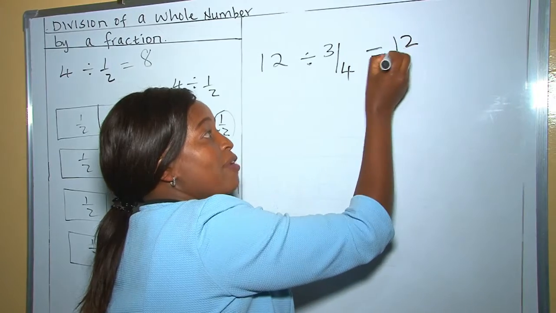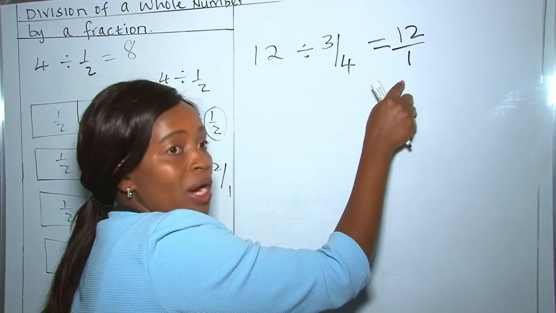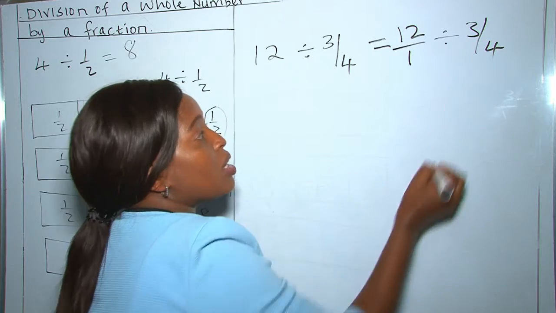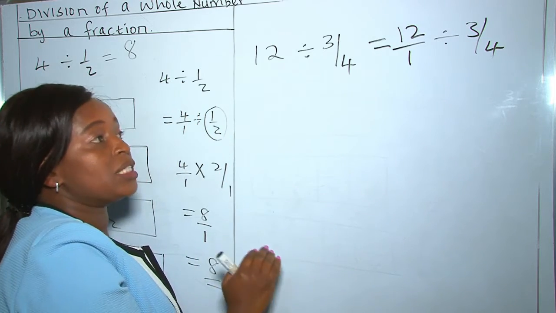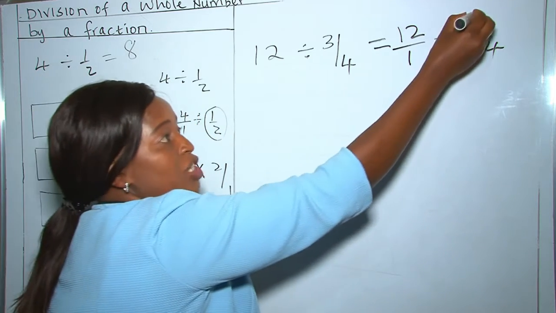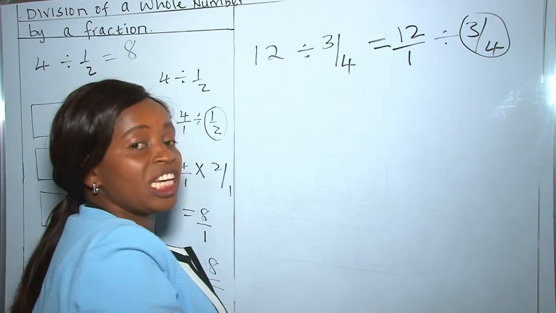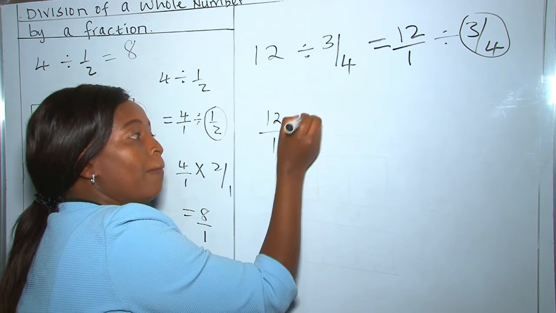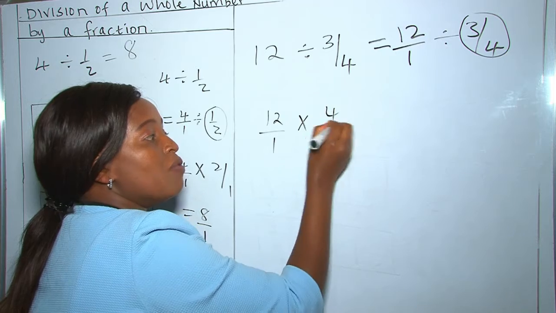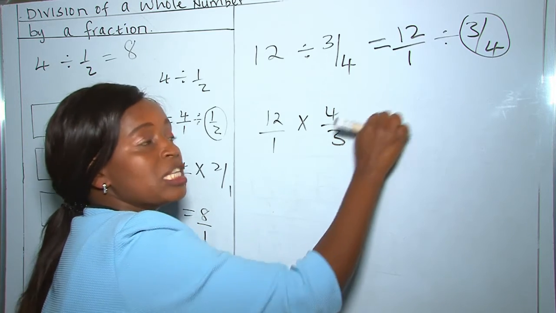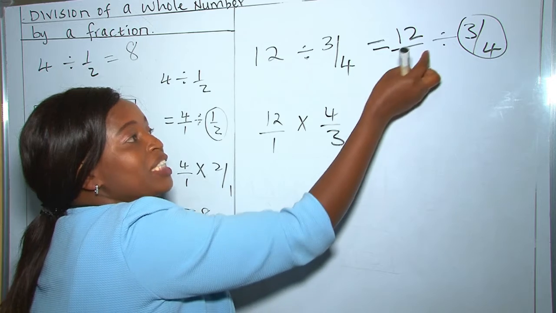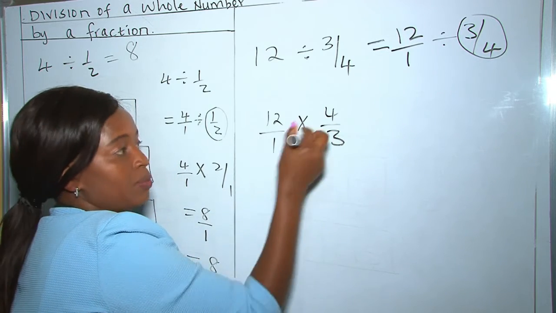That is 12, you make its denominator 1. 12 over 1 divided by 3/4. Our next step is that we change our second fraction into its reciprocal. Therefore, 12 over 1 multiplied by 4 over 3. 4 over 3 is the reciprocal of 3 over 4. And by that, we change division to multiplication.